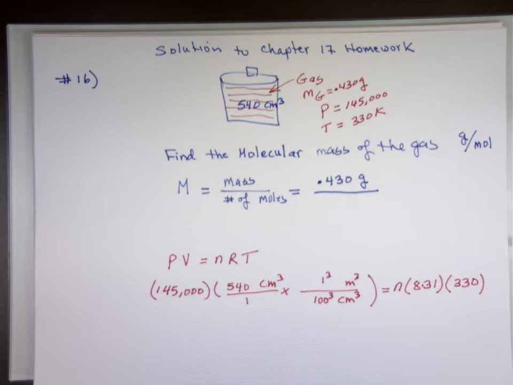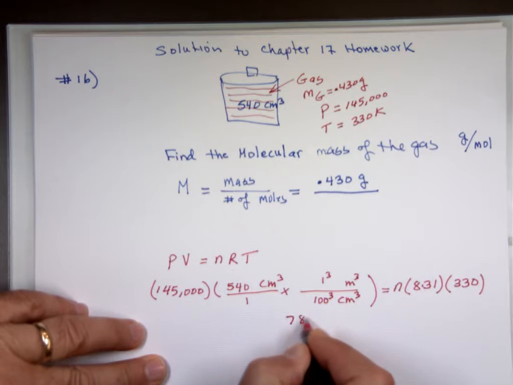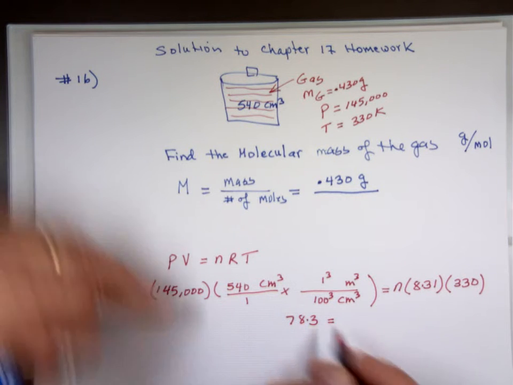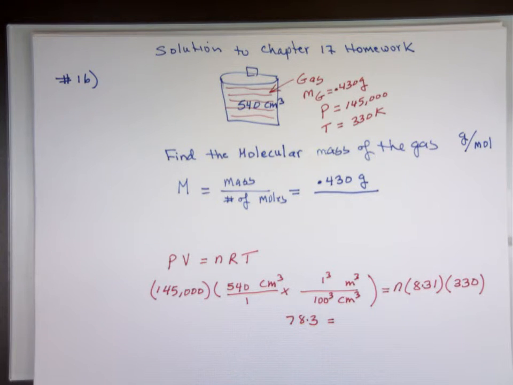So let's see what we have here. 145,000 times 540 divided by 100 cubed, that's 78.3, equals n times 8.31 times 330.